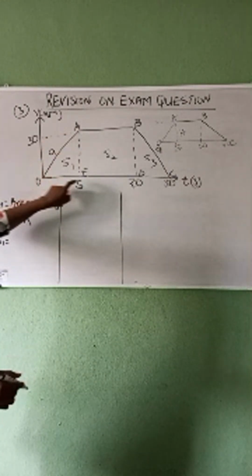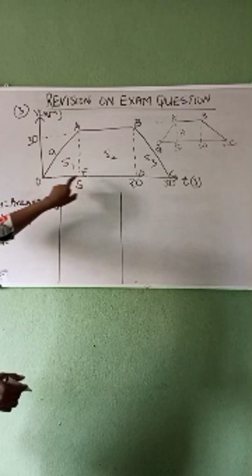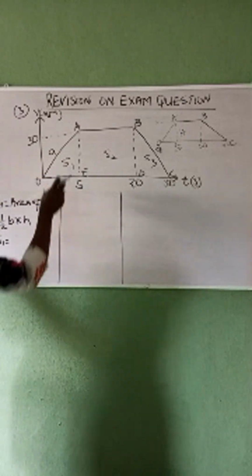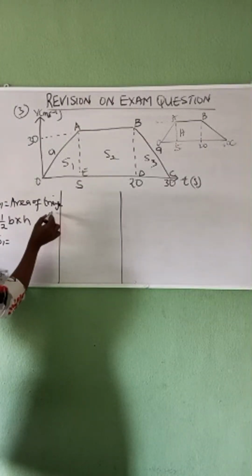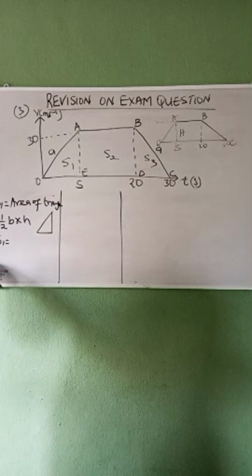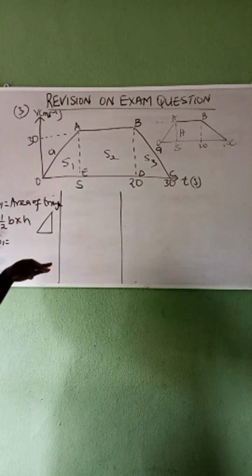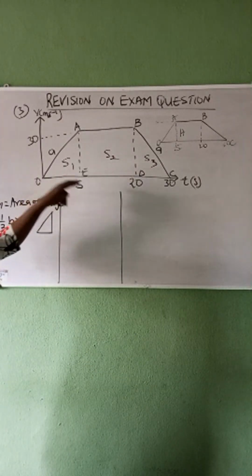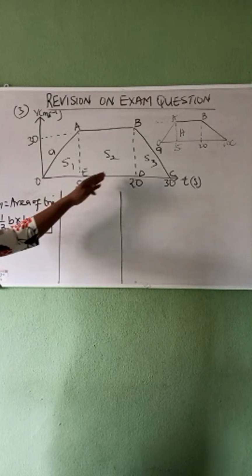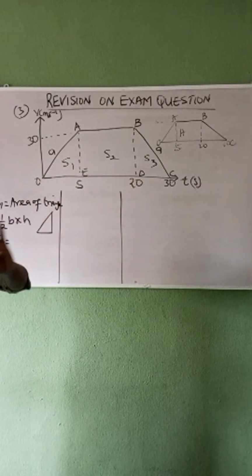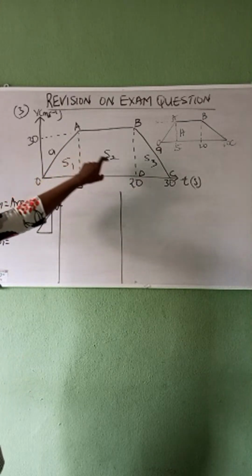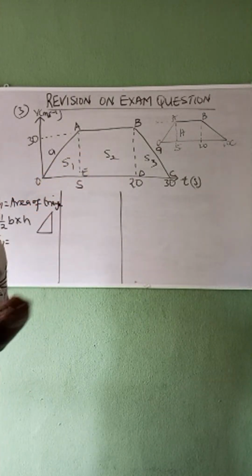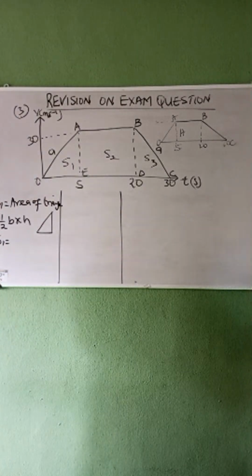I can use this as the base, right? See, I'm considering this x1, that is this shape. This I'm considering alone. I want to solve it separately in case you're asked to find the distance covered after the first 5 seconds. So you don't need to use area of a trapezoid for all of them. You just use area of a triangle to solve. This is a triangle, this is a rectangle, this is a triangle. Solve all together and add them. You're going to get the total answer to be 675 meters.